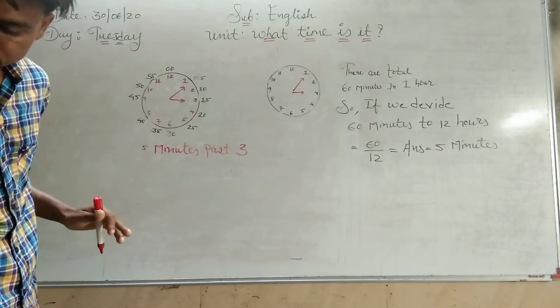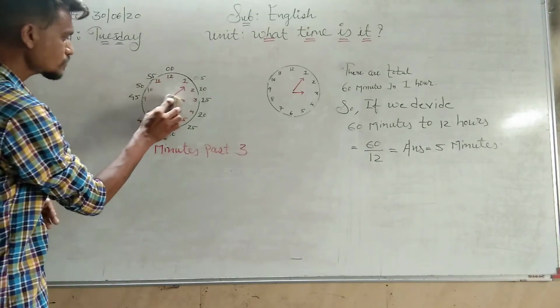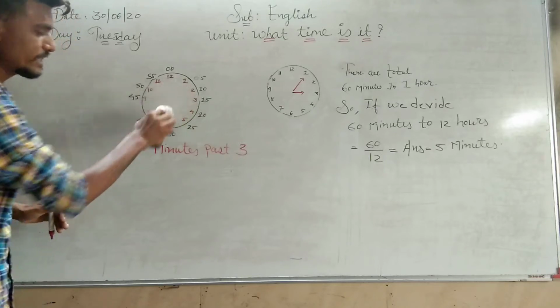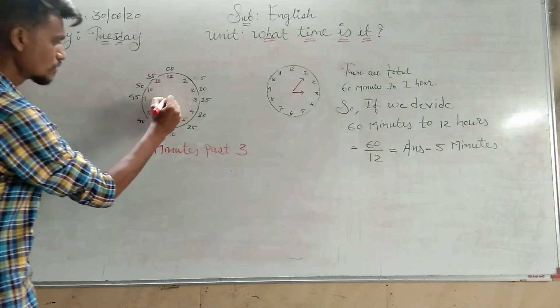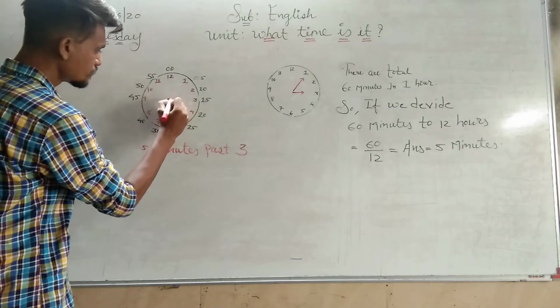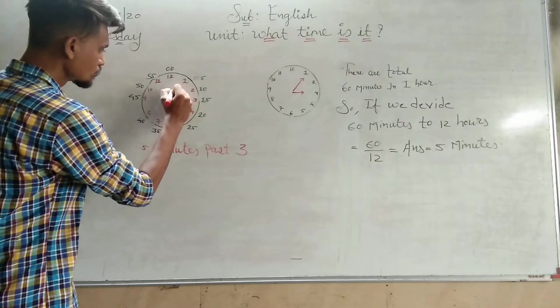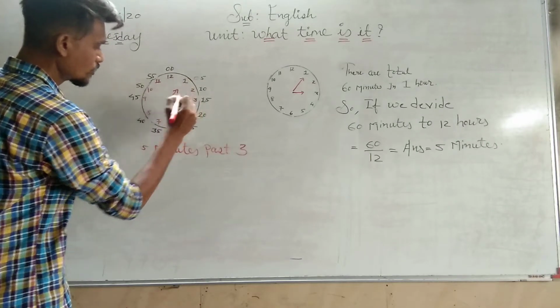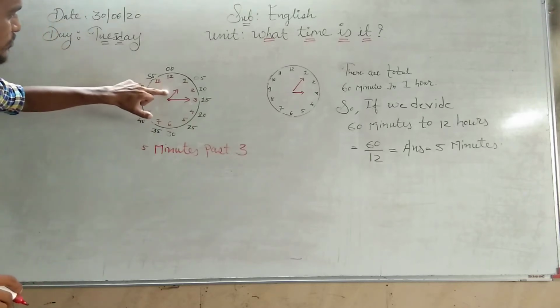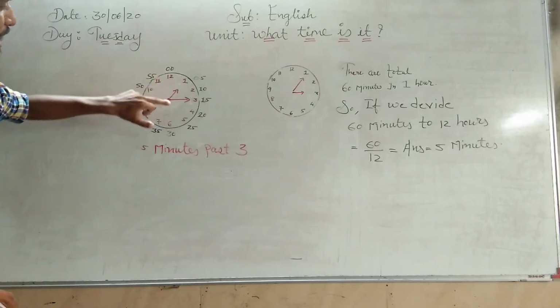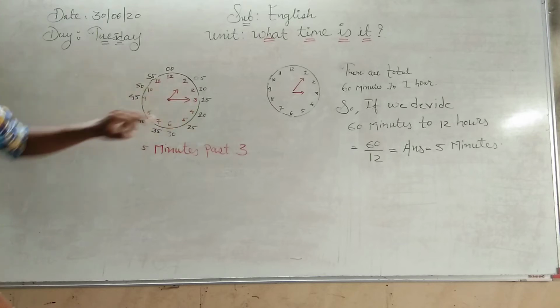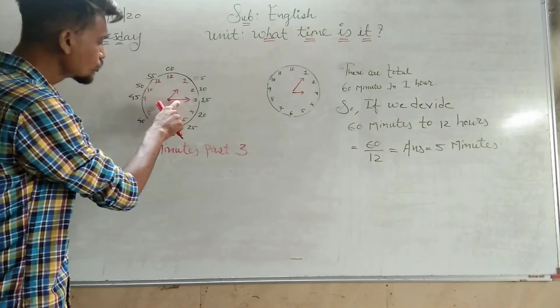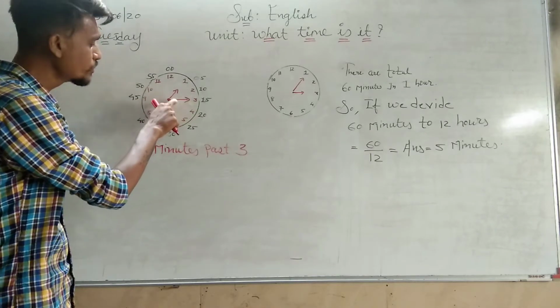Another thing. Let's see. Now here, the small hand is on the first number and the big hand is on the third. Now we have to just count using the big hand.